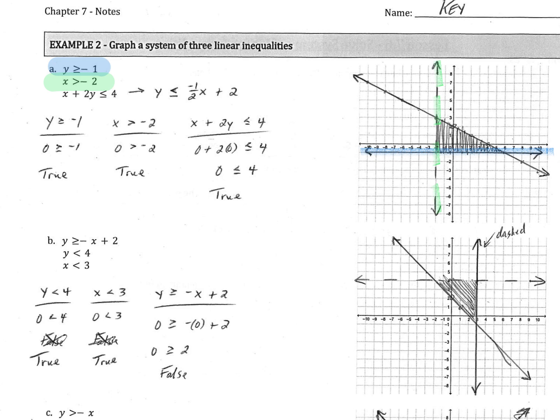And the third one, we have actually solved for y. Y is less than or equal to negative 1/2 x plus 2. That would be this line right here.